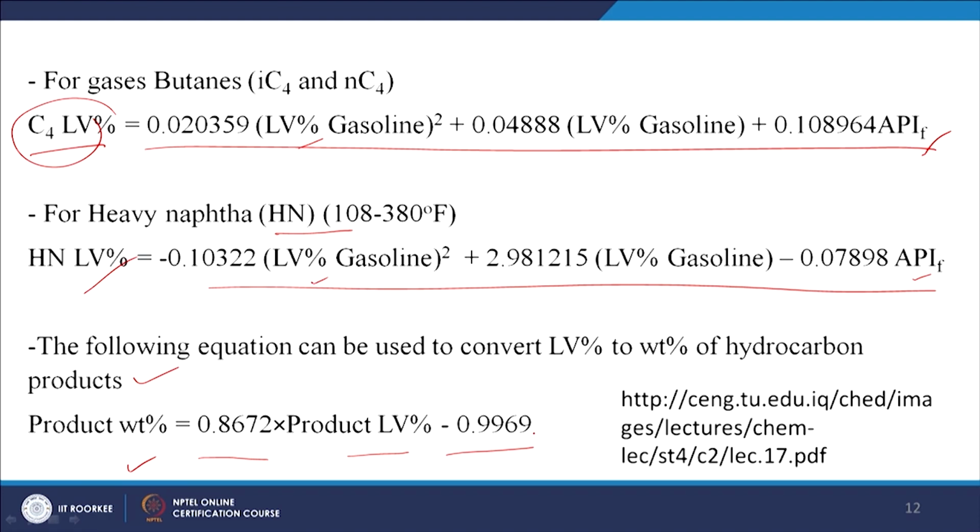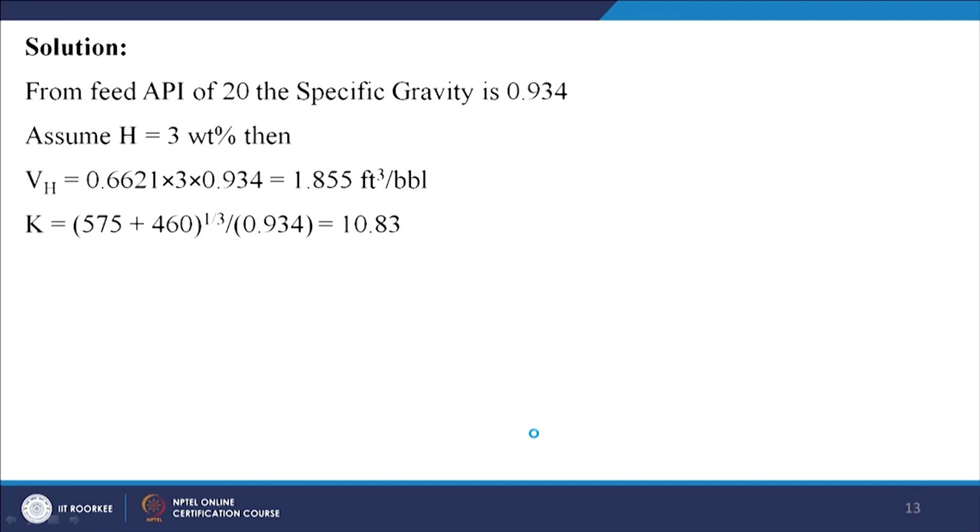Now, we have to do a mass balance. From the feed API of 20, we can calculate the specific gravity, 0.934, using the same formula: API equal to 141.5 by specific gravity minus 131.5.